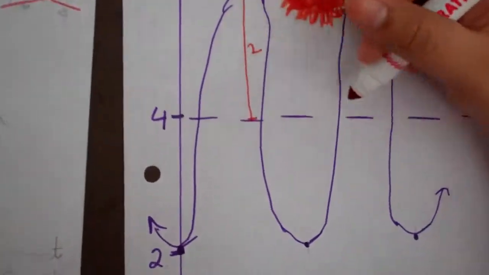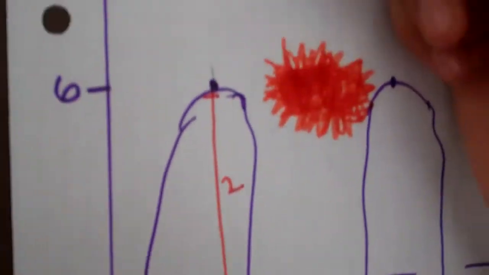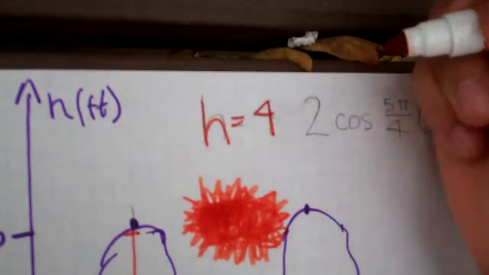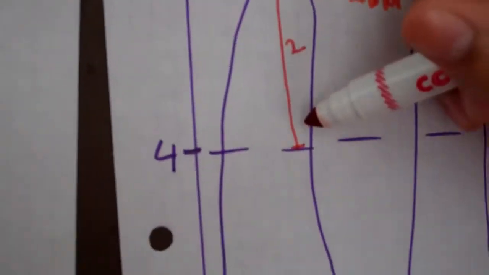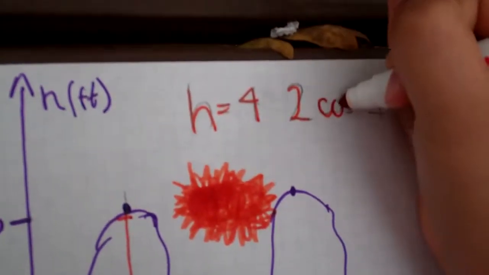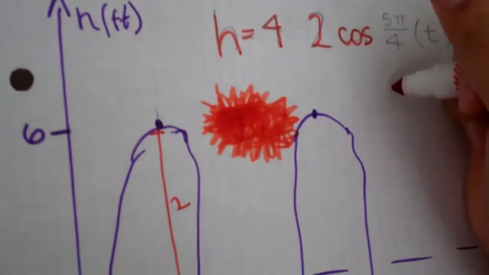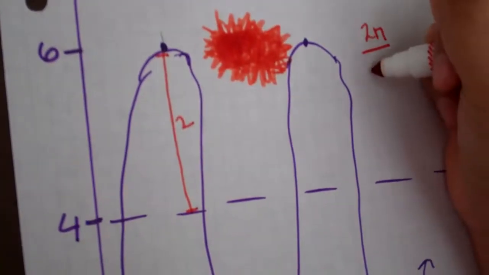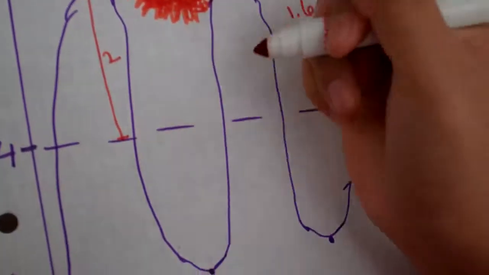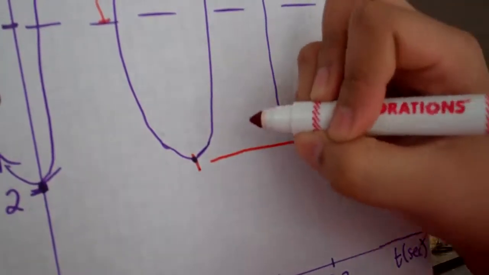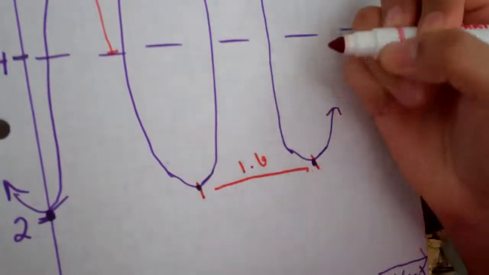Okay, so our dotted line from our graph was at 4. And then our amplitude, as you can see, would be 2. And to get the number of cycles, we would do 2 pi over 1.6, because from a low point to another low point would be 1.6.